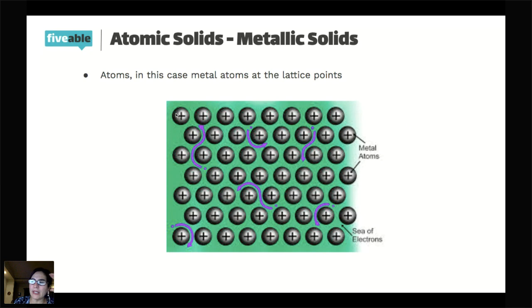Because of this explanation of the sea of electrons, where valence electrons are not bound to particular atoms, metallic solids are very good conductors of heat and electricity. That's why the wires that we use for electricity at home are copper wires, because copper is a very good conductor of heat and electricity. Other metals are also good conductors, but copper is cheap, so we can use it in copper wires.